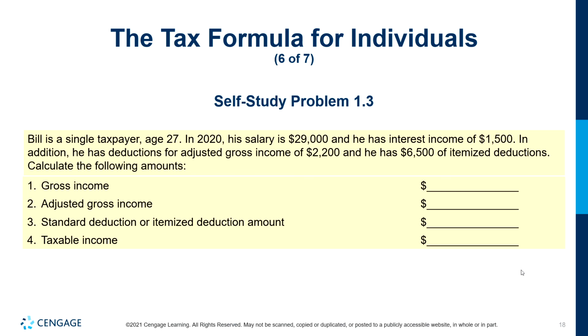Calculate the following amounts: gross income, AGI, standard deduction or itemized deduction amount, and taxable income. Yes, Batman. So, since this is a problem, go ahead and pause the video and see if you can solve these items.